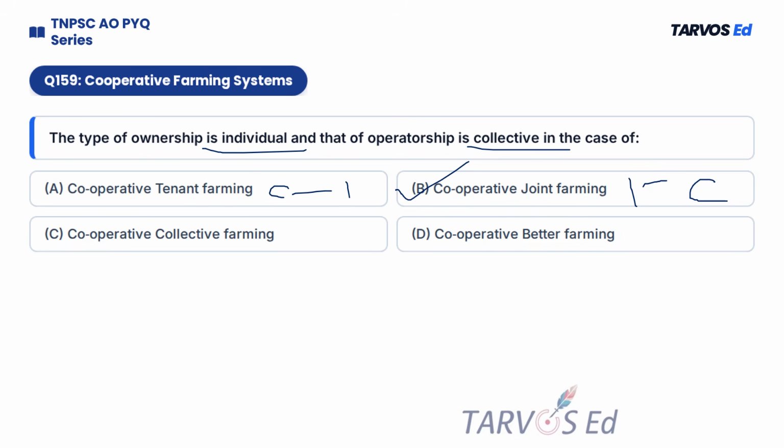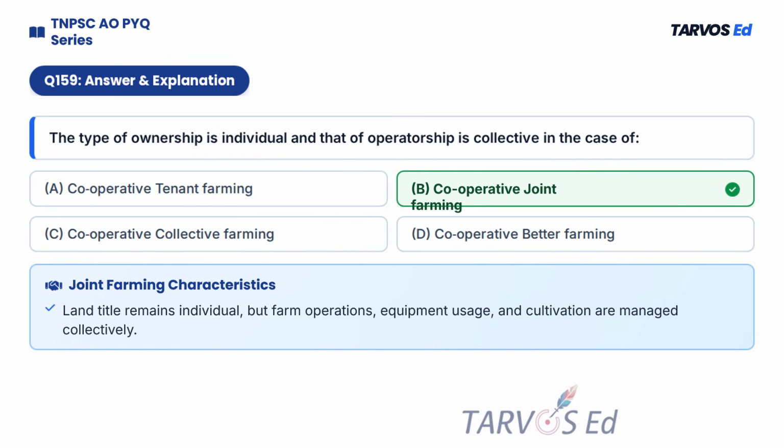In case of cooperative collective farming, both are collective. Ownership is also collective and the operation will also be collective. In cooperative better farming, it is exactly opposite to collective farming. Both will be individual and individual. Ownership is also individual, operatorship is also individual. And this is the explanation we have already seen.